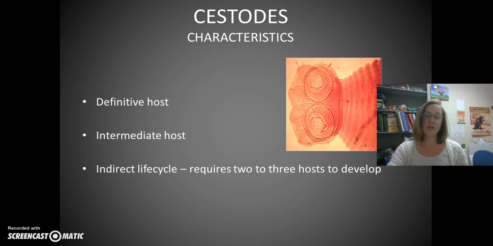And if we have an intermediate host involved in the life cycle, that means this life cycle is considered indirect. It requires 2 or 3 hosts to develop from an egg to an adult. And so the general life cycle stages of a cestode are egg, larva, to adult.